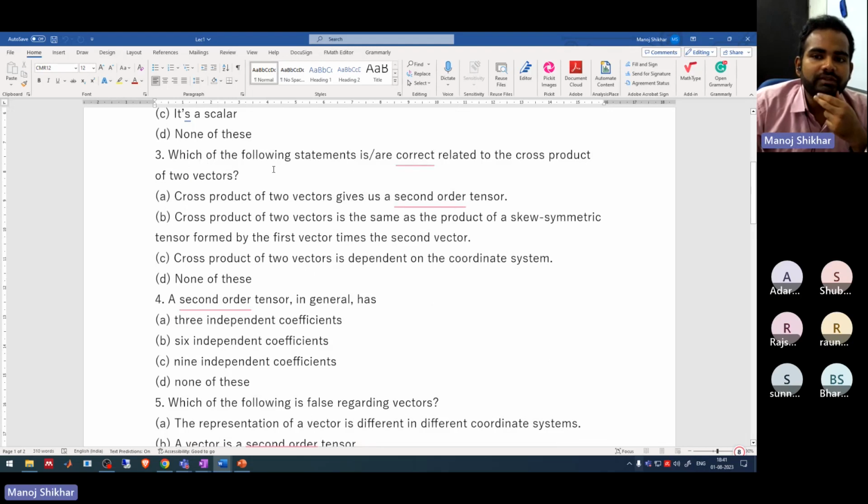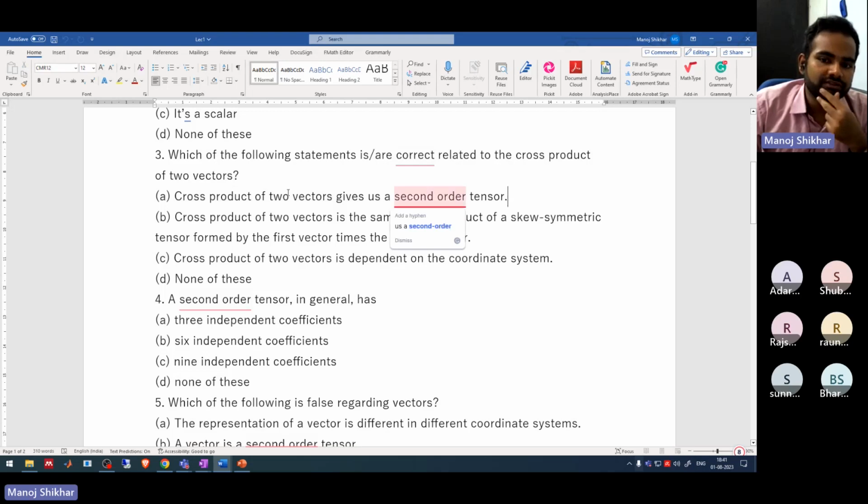Question 3. Which of the following statements is correct related to the cross product of two vectors? Important points to keep in mind while solving this question. Cross product will give you a vector. Cross product of two vectors gives us a second order tensor.